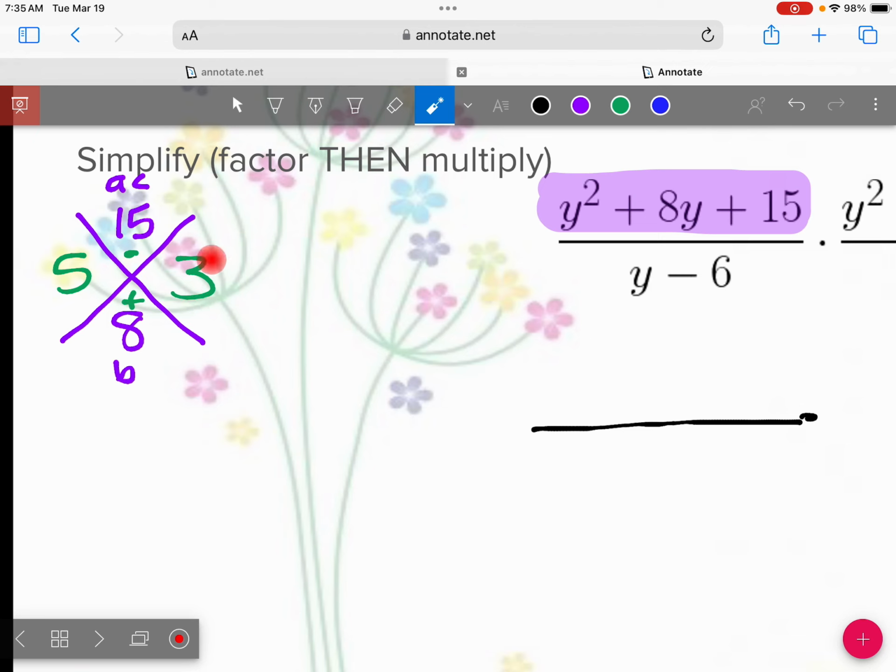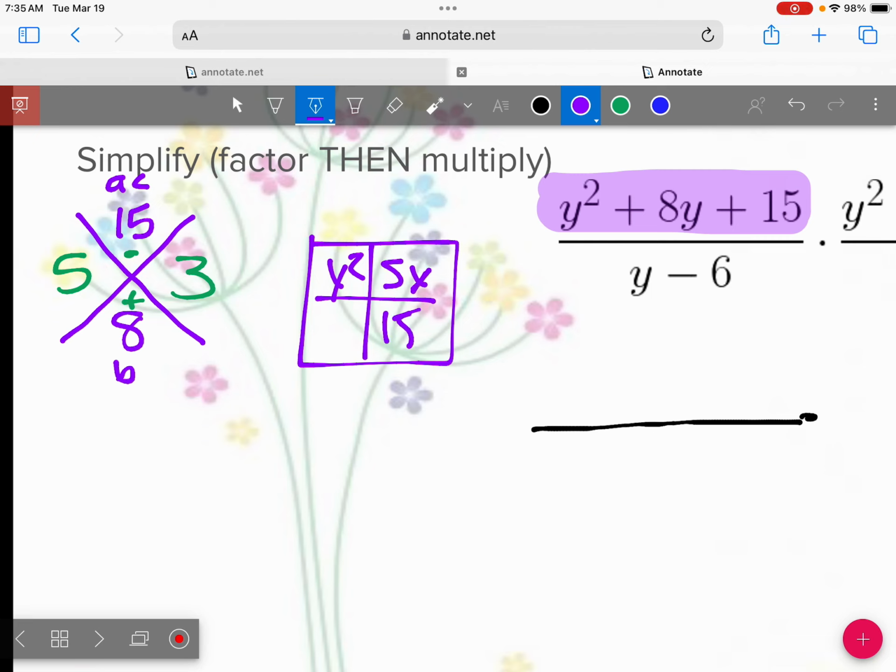These are what wind up as our factors. If you want to use the whole box, you absolutely can, but we're going to wind up with the same thing. With our y squared and our 15, 5y, that's a y, 3y. When you pull your factors, we wind up at y plus 5, y plus 3.